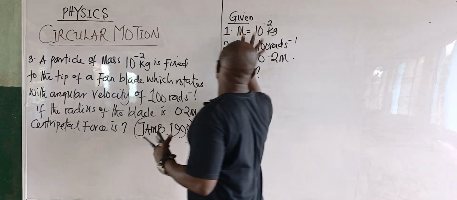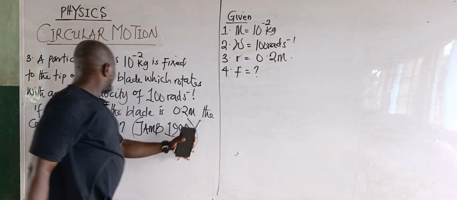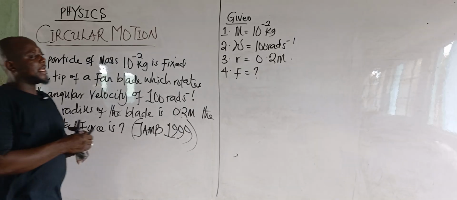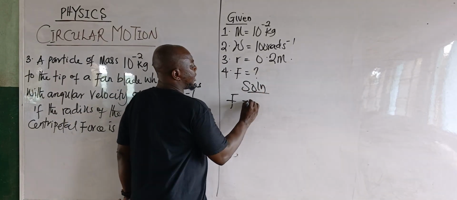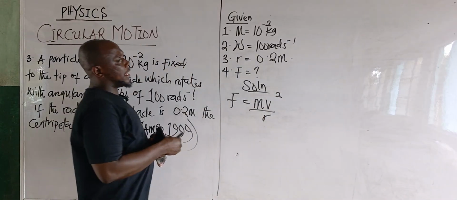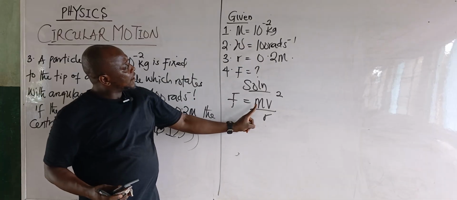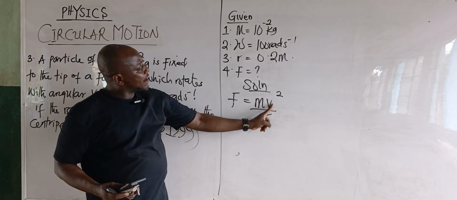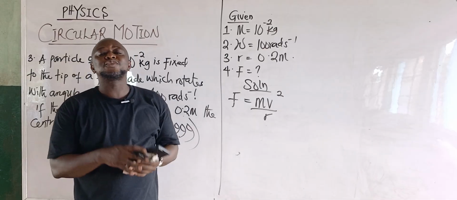Let's go back to that. Now, I've already given you the formulas. Since we are told to find the centripetal force, I am moving directly to my formula. My formula becomes mv squared over r. Now let's check if we are given everything here. Observe that we are given mass and r, but we don't have v. So how are we going to find v?